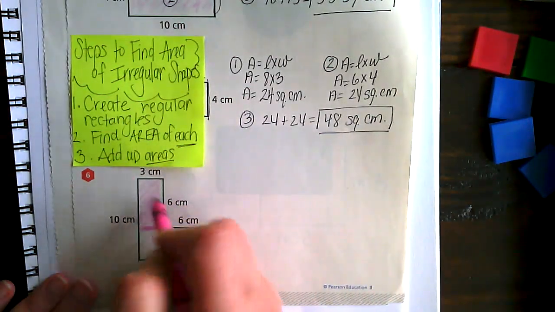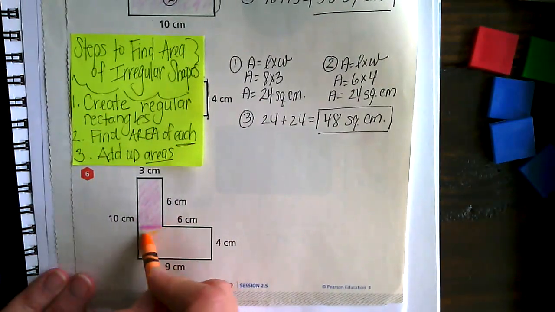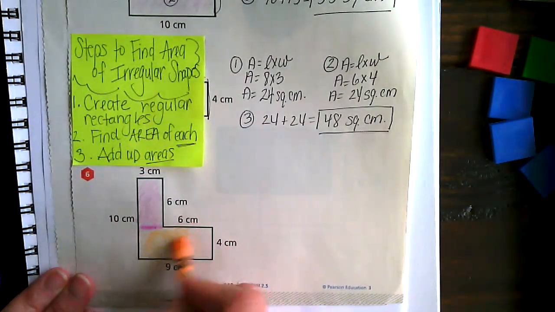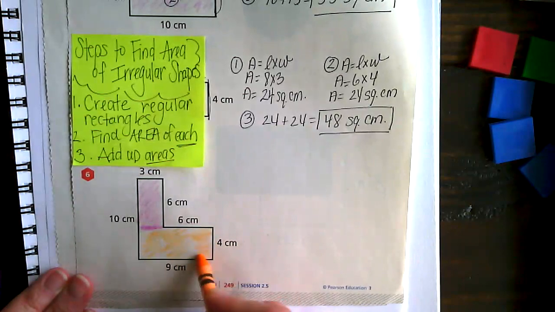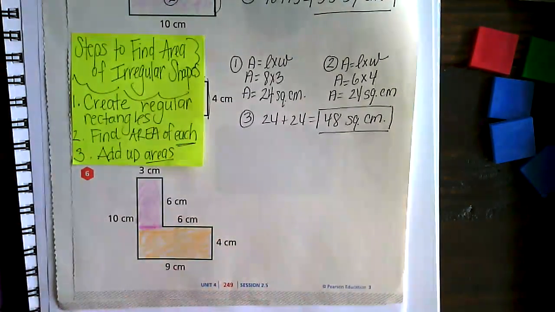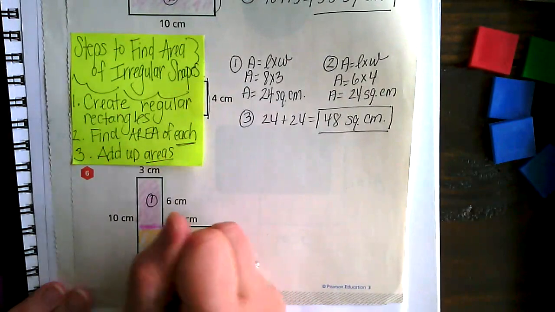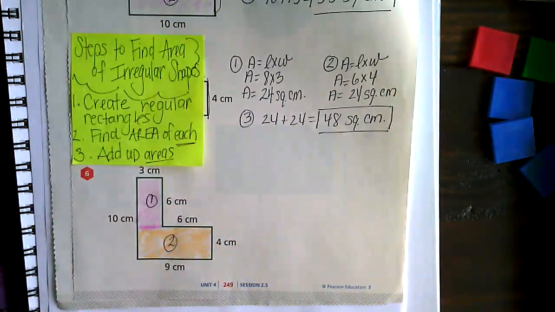There is no right or wrong way to split it, as long as you have two regular rectangles. Okay, so shade your two rectangles so they pop out, and then label them 1, label them 2.